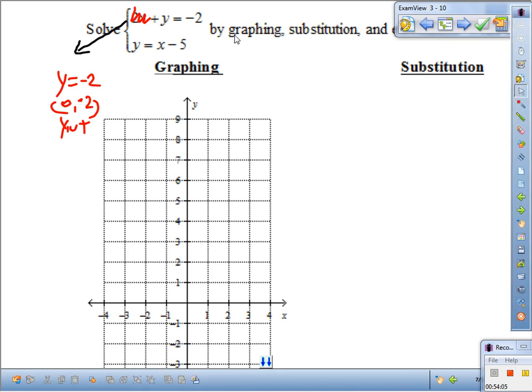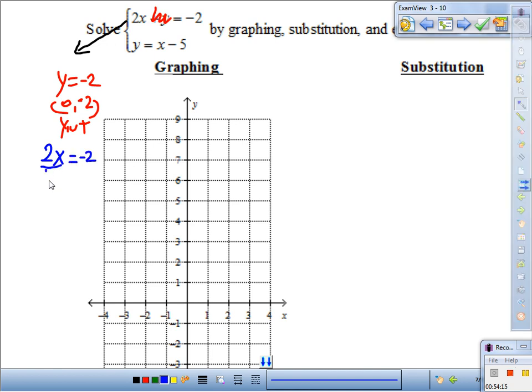Then I'm going to cover up the y. What do I see? I see 2x equals -2. Divide by 2. Therefore, x equals -1. What does that mean? (-1, 0).